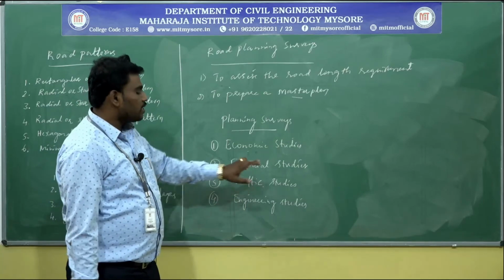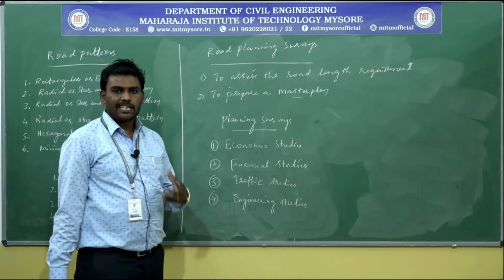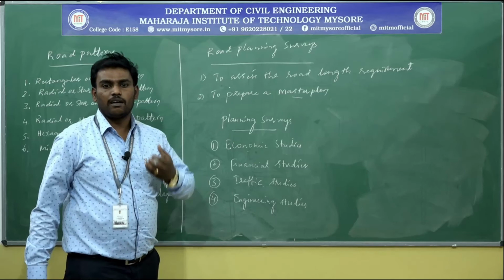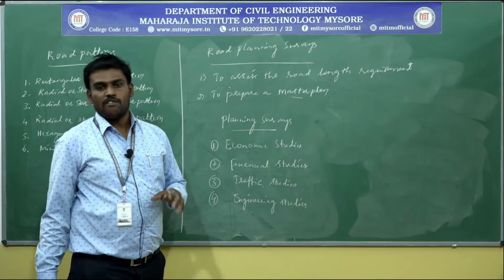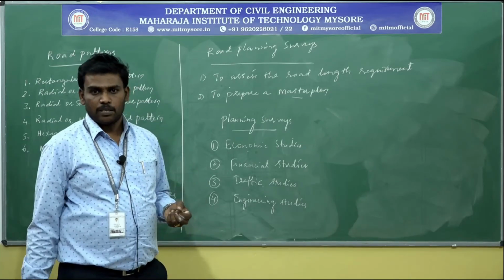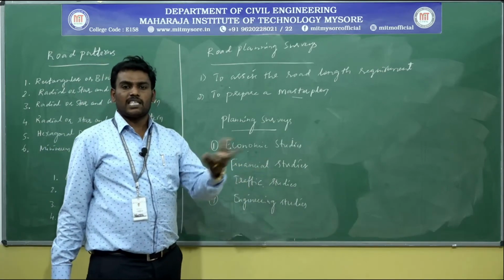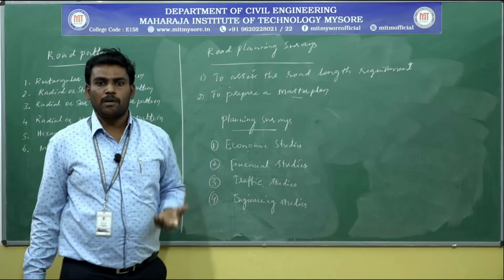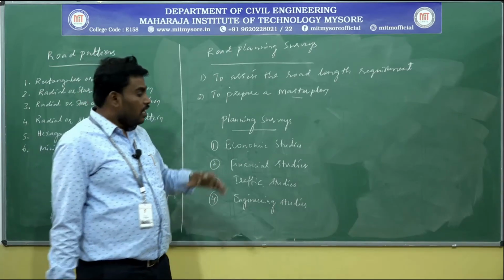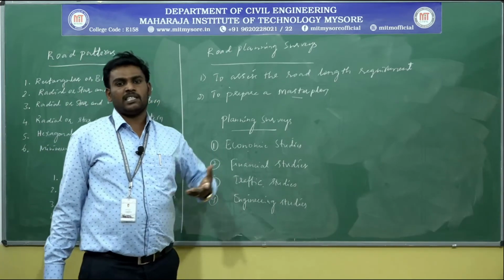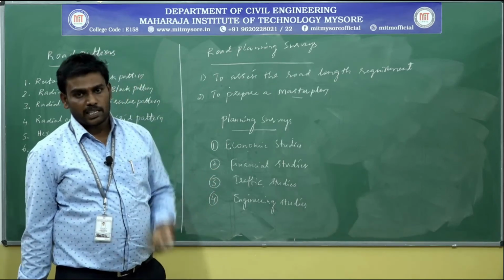Okay, in the financial studies we have to collect data like the source of income for the states and centers from the tax collected, and the living standards of the people in the respective area, we can say the lifestyle of the people in the respective area. Then what may be the improvements in the living standard or lifestyle in the respective area.